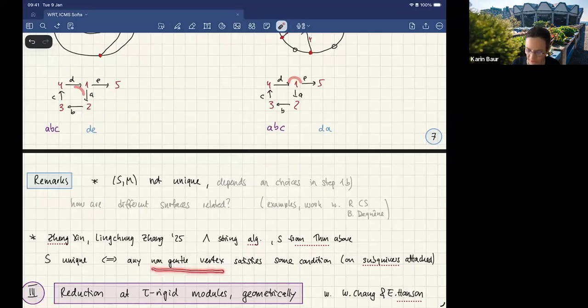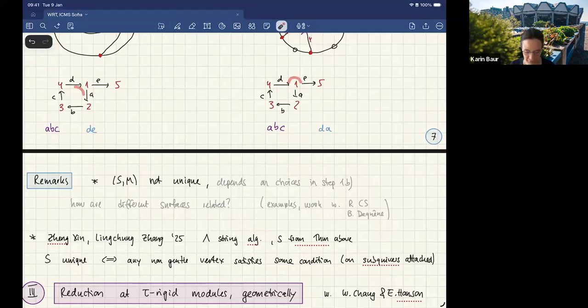So if a vertex is not gentle, it has to satisfy three local conditions. Basically, you look at the four neighbors, they might give you four subquivers, and two of them have to be symmetric, pairwise. And there are some conditions about not being connected. So that looks nice, but in general, there are still a lot of questions open about that.